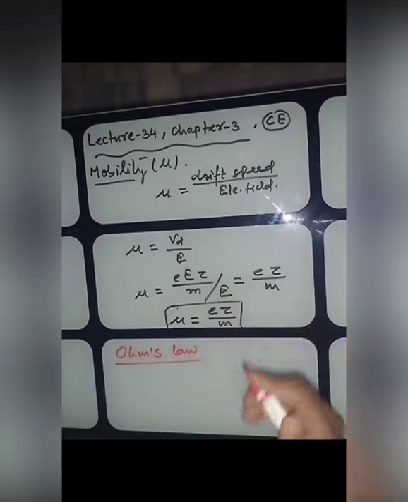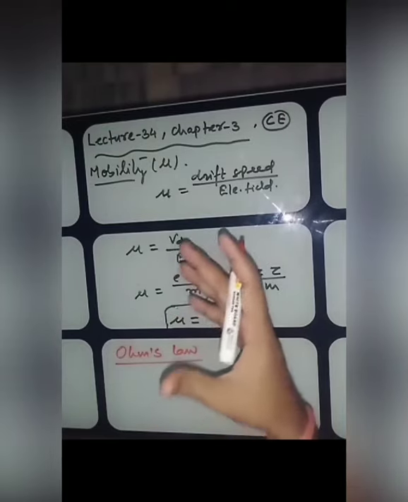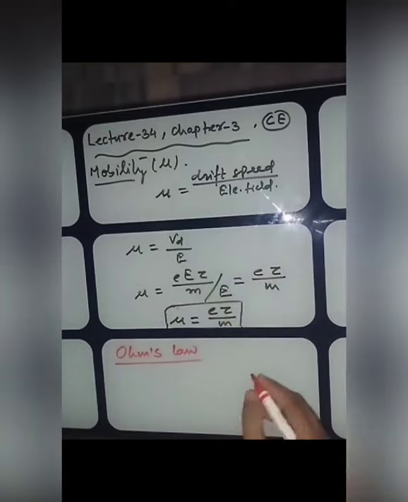Actually, when Ohm was doing an experiment, he found that if a conductor is connected to a battery, and this conductor has some inherent property, it was revealed as the resistance.